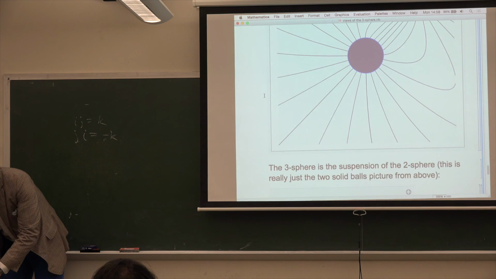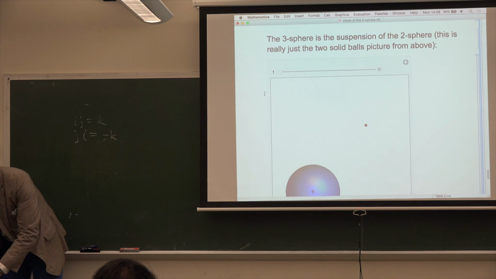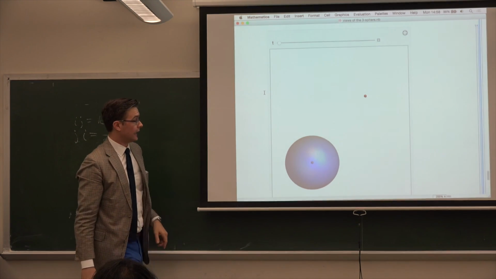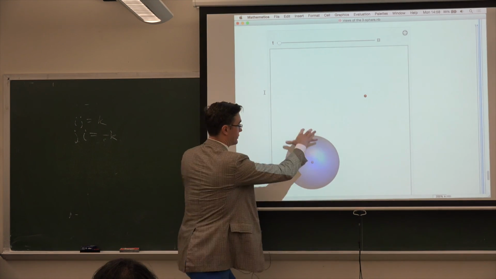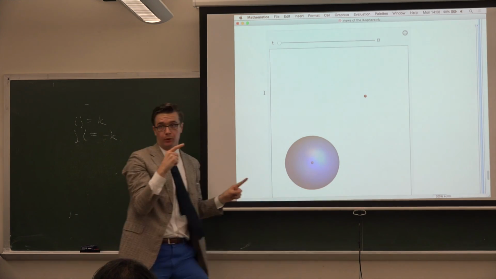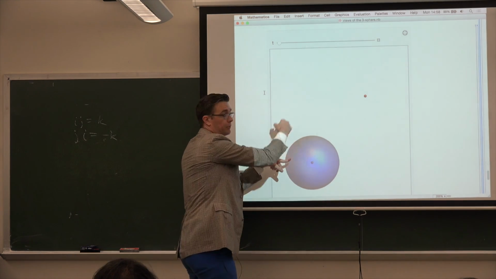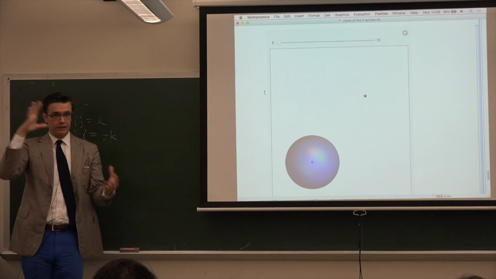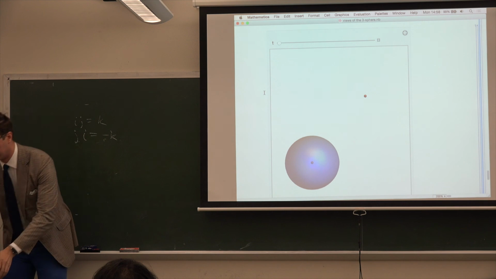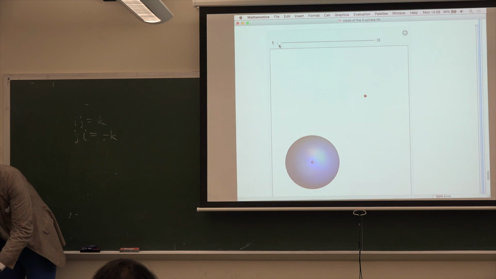Okay, and so if you want to build the three-sphere, it's the suspension of the two-sphere. And the way to do it is, you have your blue two-sphere. You add these two red points, and then you're supposed to connect the red points to all the blue points. And whatever you end up with is supposed to be the three-sphere. So it's just like the picture we just had.